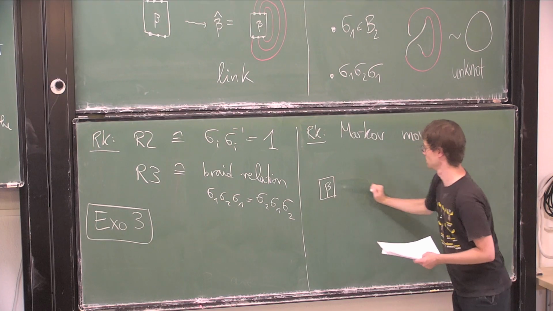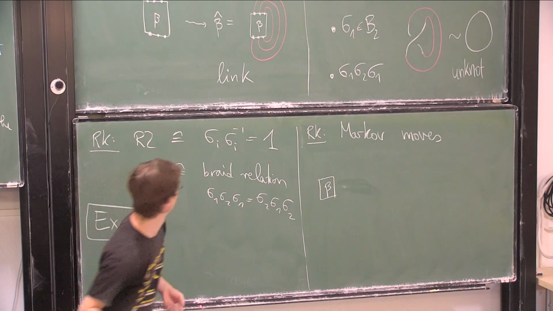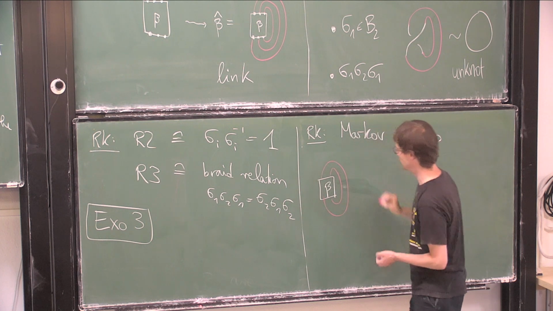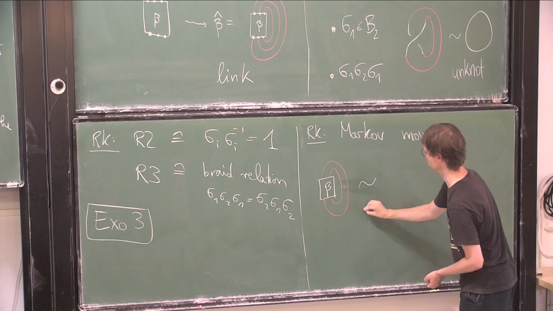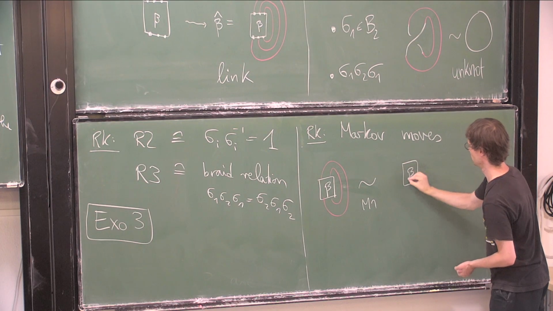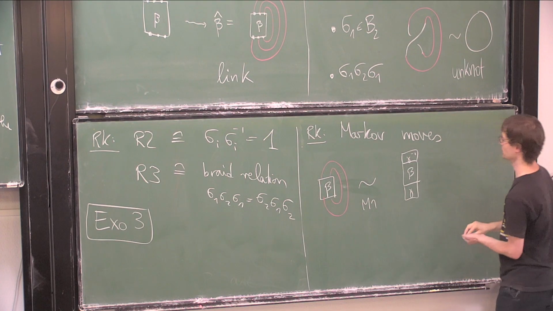It's about closures. So closing a braid beta is the same, this is the Markov 1 move, as conjugating beta by some other braid gamma and then closing.